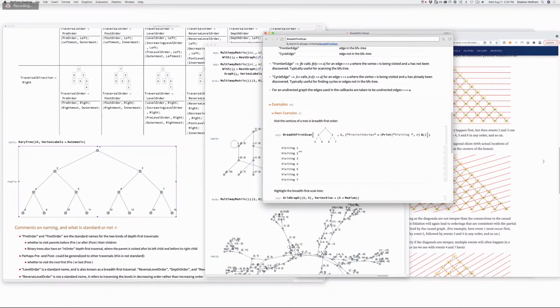Okay, so it's got an order here. So it's visiting, but somebody should change that into an echo. So this is visiting 1, 2, 3. Okay, I don't quite understand why that. Do you understand why it's doing that? Is that a pre-order traversal or something? That's a level order, right?